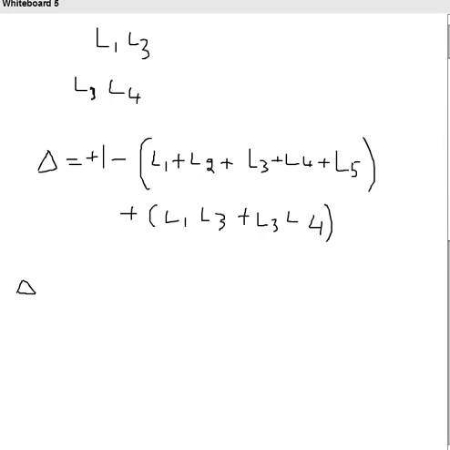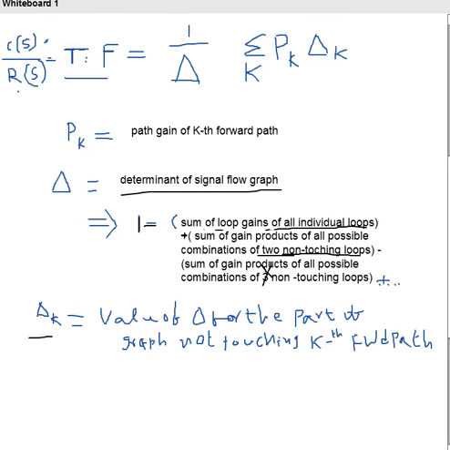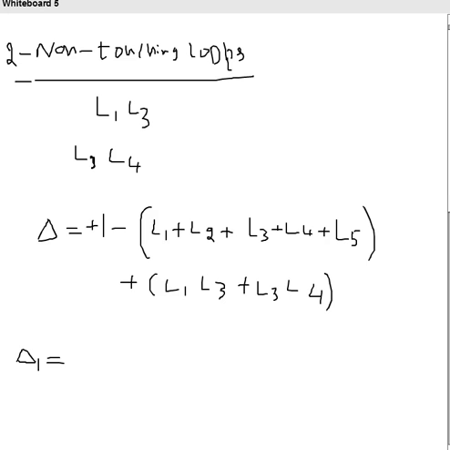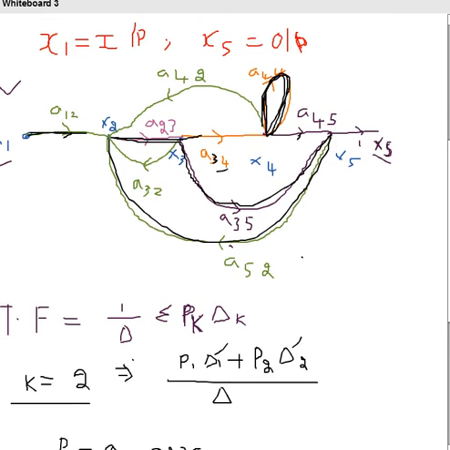So delta 1, how to find out? So what is the definition? Delta K is nothing but value of the delta, delta and delta K both are same, but for the part of the graph not touching the kth forward path. Since I am writing delta 1, so 1 represents first forward path. So what is the first forward path? A12, A23, A34, A45.